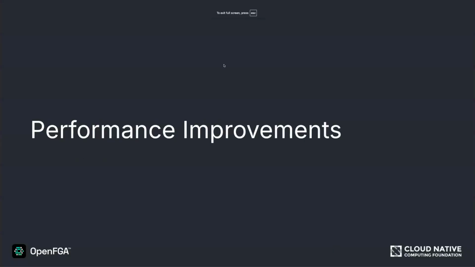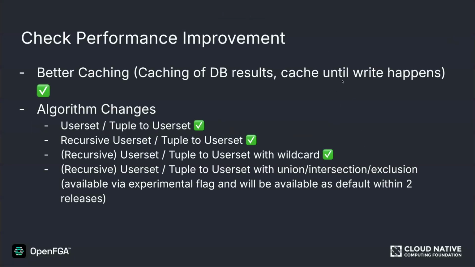Perfect. We've been working on performance improvements for a while, and we wanted to update you on some of the things that have been going on and what we're working on next. A few things we shipped are already part of the OpenFGA main branch and enabled by default. First, a better caching implementation.